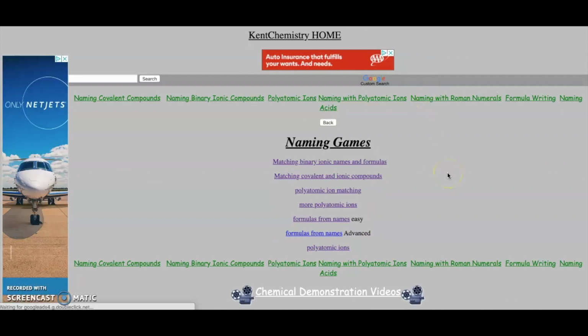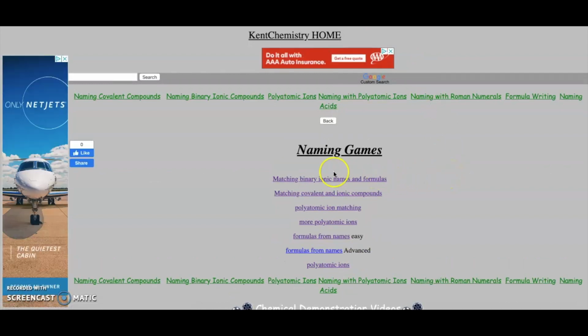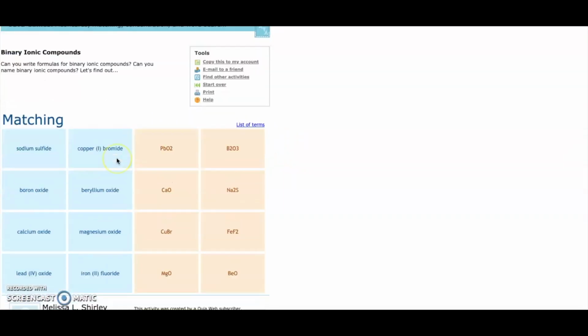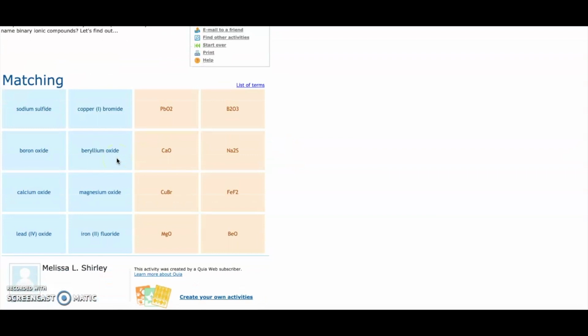Finally, we have some matching games. You have 3 options. You can do binary, ionic, covalent and ionic, and polyatomic ion matching. All you have to do with these is match the blue cards with the orange cards.